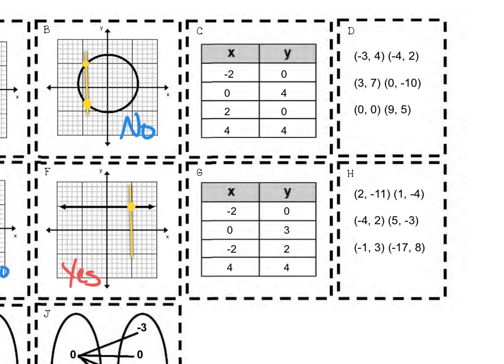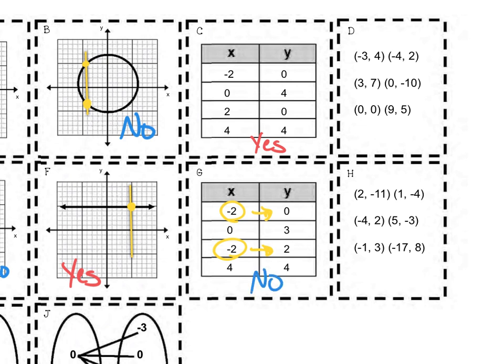No, they do not. So this is another one that would be a function. Okay. Now, if you look at G, I notice that -2 shows up twice. And there are different Y values associated with it, so therefore this is not a function. So that answer would be no on G.